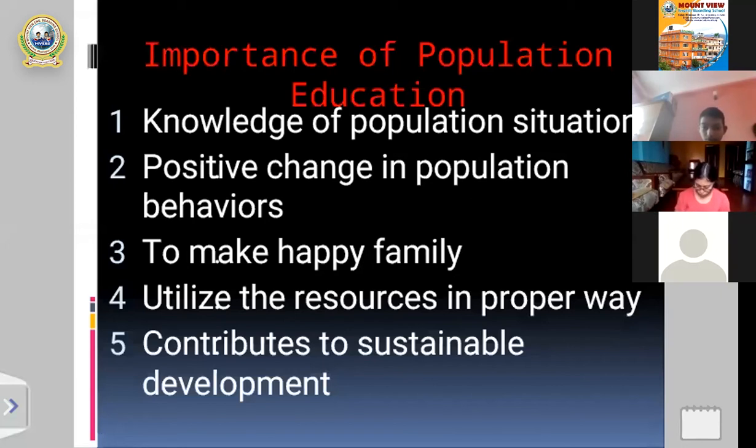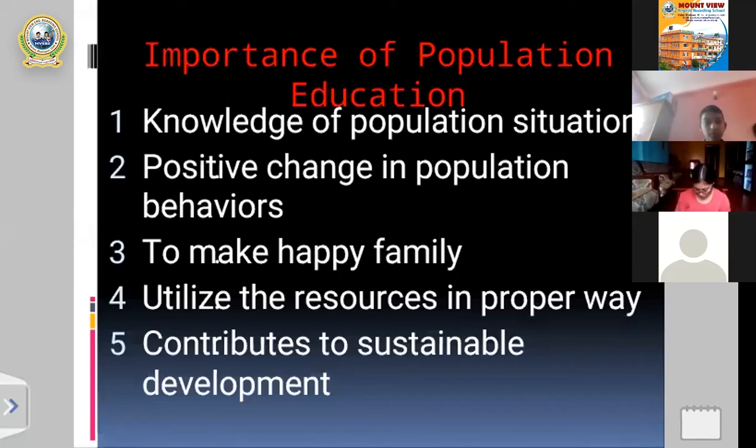Okay, my dear students, now I am going to give a short description of the different importance of population education. Before that, once again, I want to repeat that if you know the definition of population education, it means you know the concept of population education, and from the concept we can create the importance as well.